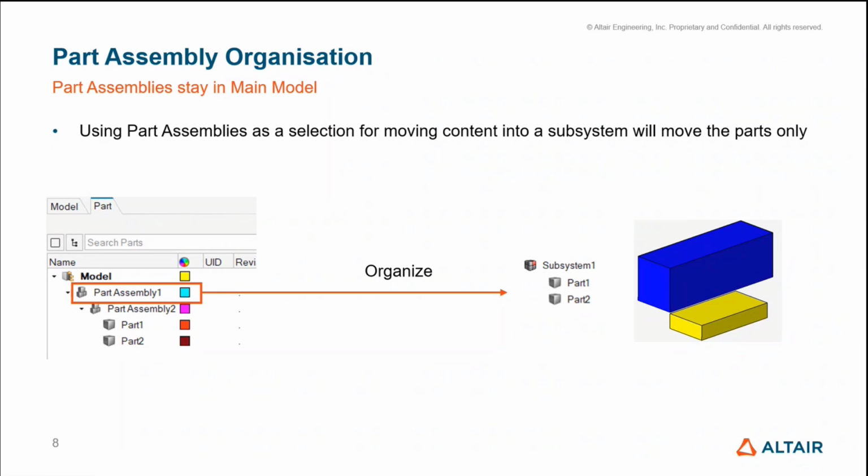That will be addressed going forwards and is no issue. But what it means is you will get that incorrect isolate behavior that I described before. But what you can do if you do that is, anytime you save and open your model, the part assemblies will be put back into main model and the correct behavior will be restored.